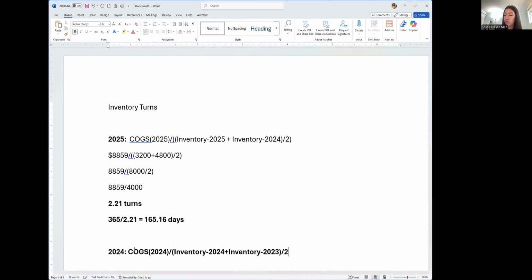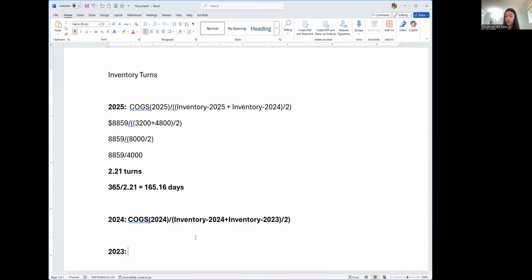And you're going to do the same calculation. Then for 2023, same calculation, but for that year. And remember to add the inventories.